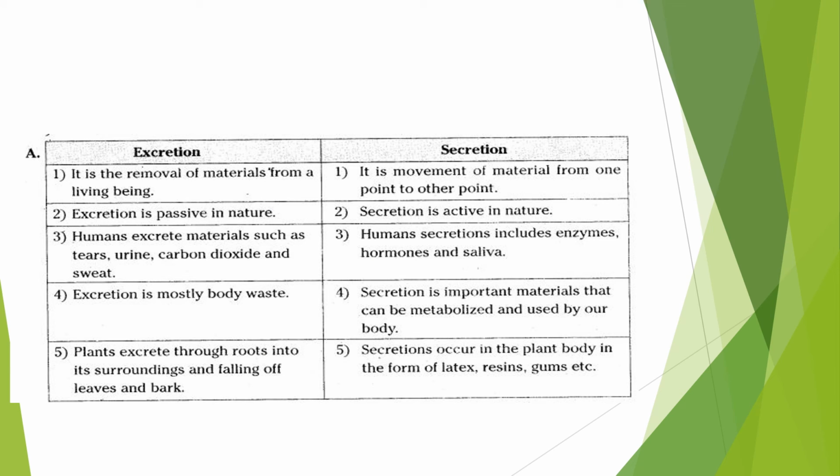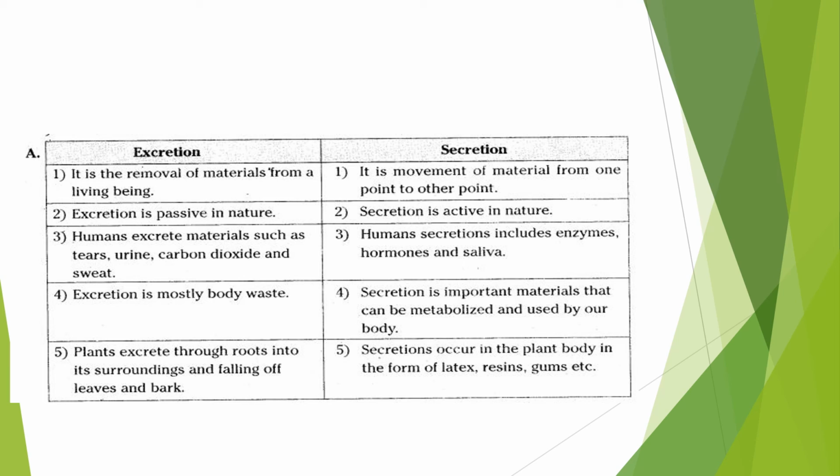Now we will learn the difference between excretion and secretion. Excretion is the removal of material from a living being, whereas secretion is movement of material from one point to another point. Excretion is passive in nature and secretion is active in nature.